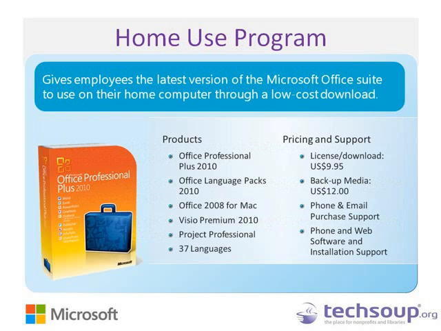So if you have 15 Office suites, you're entitled to 15 home use licenses. That means 15 members of your organization can install Office Professional 2010 or whatever the latest version is, in addition with language packs, but also Office for Mac, Visio, Project on their home machines for a very small nominal fee.